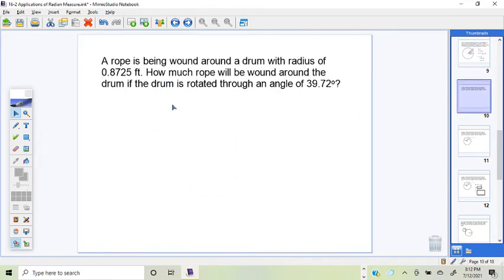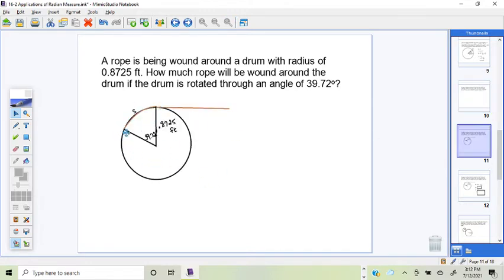Another one would be if you had something that has to be wrapped around a circular object. Okay, we say a drum, but this could be any kind of thing where you have a chain or rope that's wrapped around a circular object. So here we have a drum and you've got this rope that's twisted around, and they want to find out how much has to be from here to here if it's to touch that piece of it.